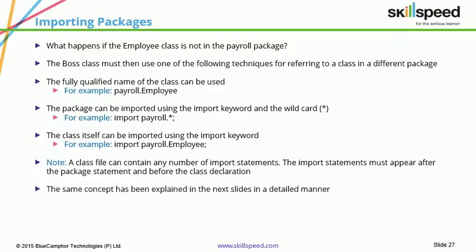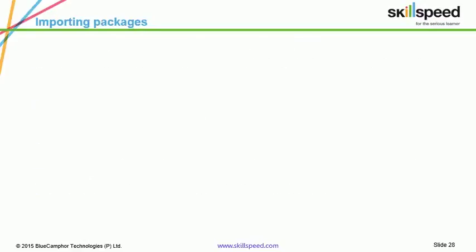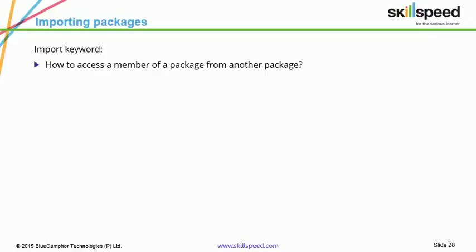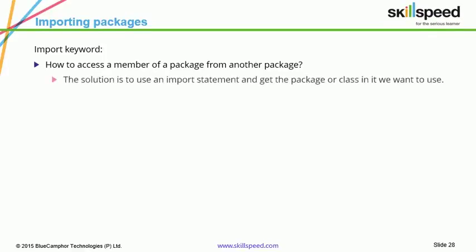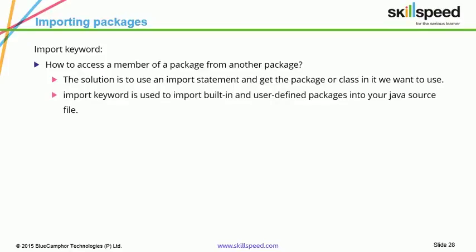Let us look at each of the techniques we just discussed in detail. How to access a member of a package from another package? The solution is to use an import statement and get the package or the class in it that we want to use. The import keyword is used to import built-in and user-defined packages into your source file.